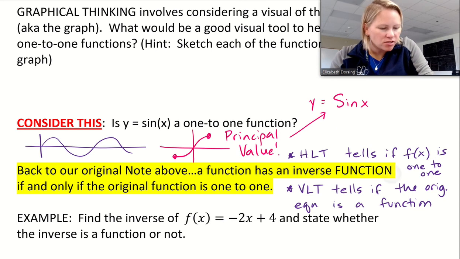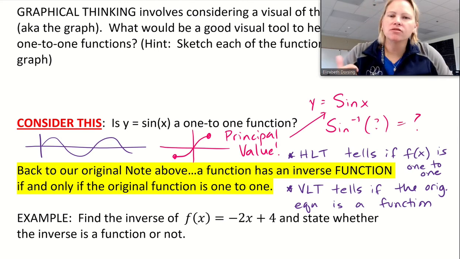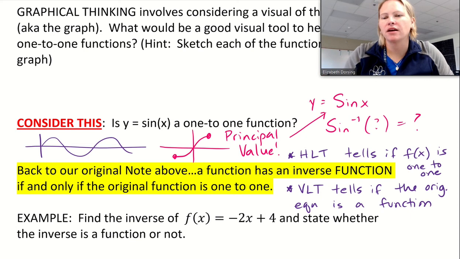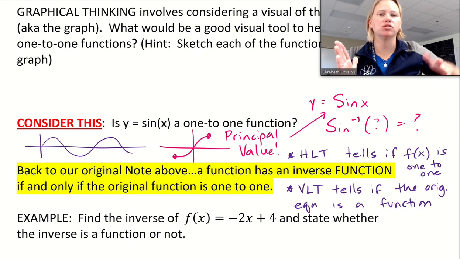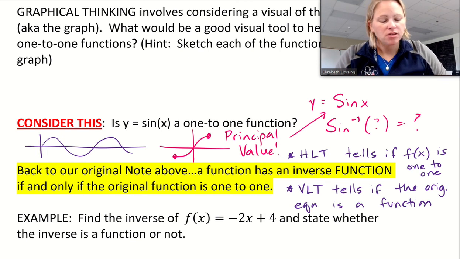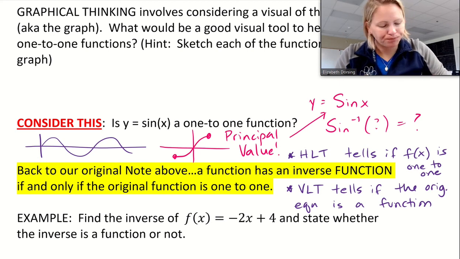It also allows us to do the principal value inverse. Okay, so it allows us to have one result back. So when we do that inverse sine, that's also a function, and we only get one answer back, and it's always between negative pi over 2 and pi over 2 for sine. So this is how we relate this whole one-to-one concept back to trigonometry, back to inverse sines, and all the things you did when you were solving for equations.